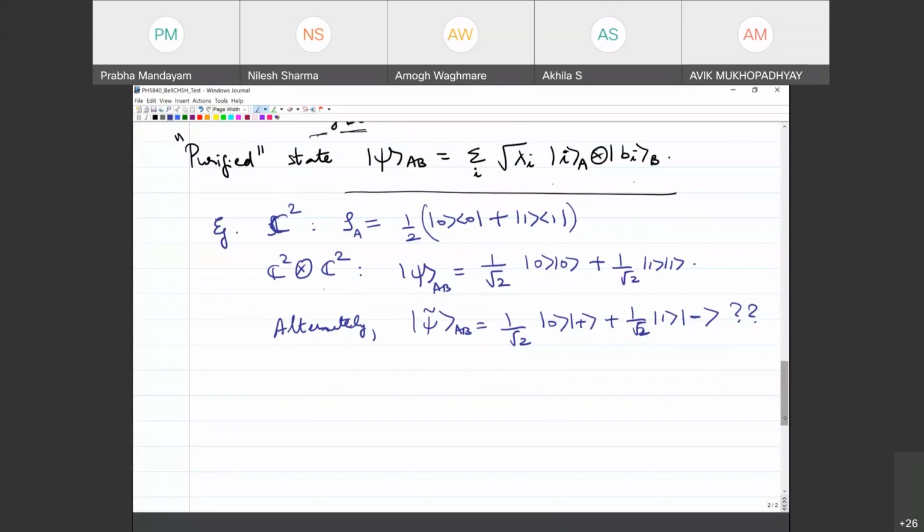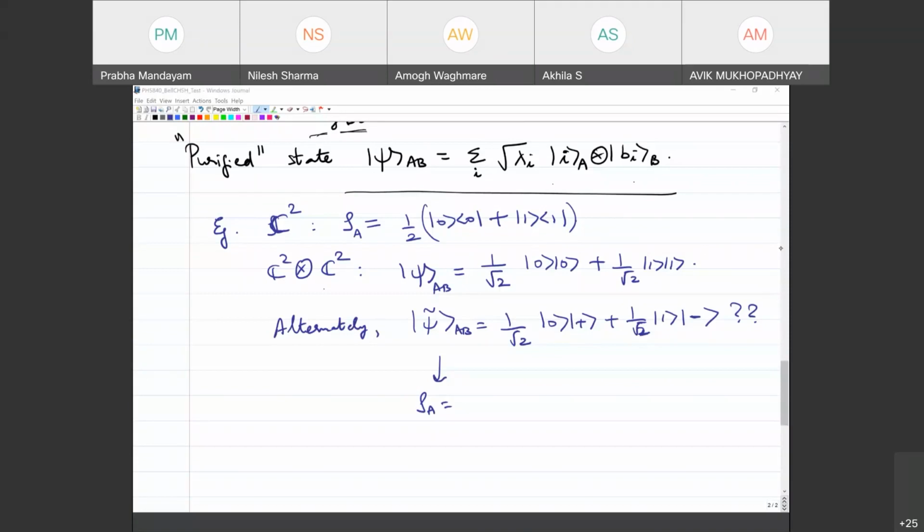Check. So what is the reduced density matrix corresponding to this? Yes.